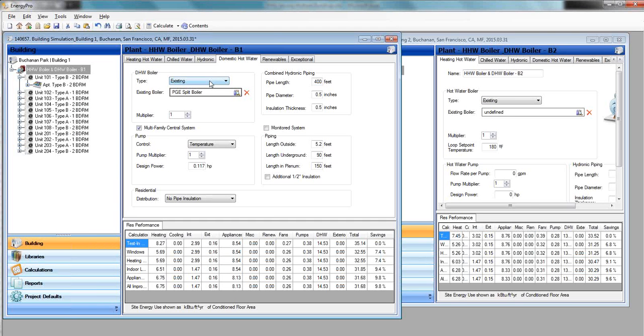And I think this is going to be our last question. If you have a complex that has 14 units and one large 100-gallon hot water heater, would you model it as different buildings with boilers?